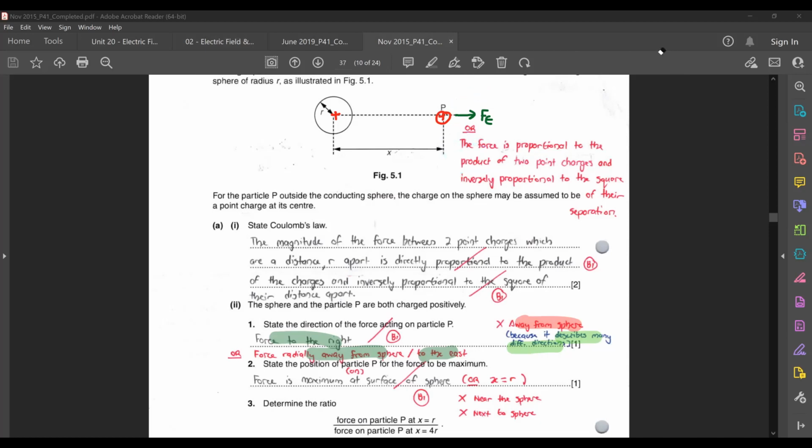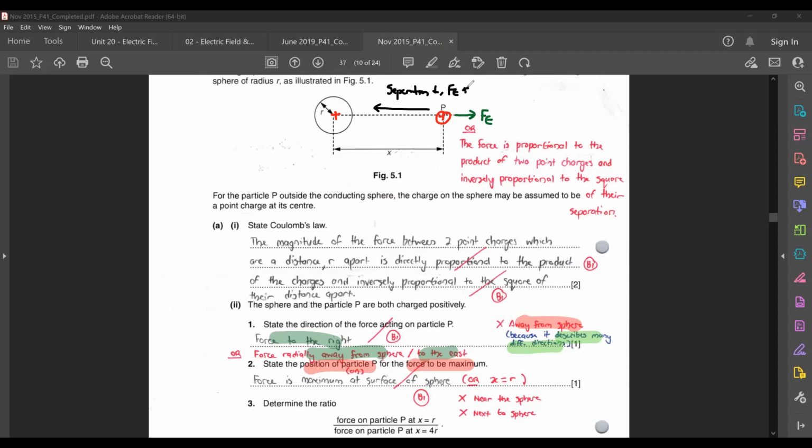And after that, you are asked to state the position of particle P for the force to be maximum. Now this one, common sense will tell you the closer you go and place your particle P towards the other charge, the stronger the field, right? In other words, if your separation decreases, your electric force increases, right?